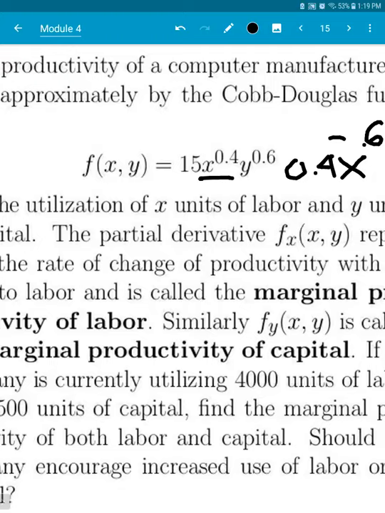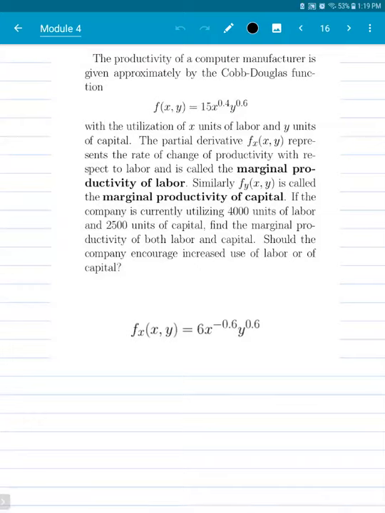And then multiply by the others. So you have this one here. Now, you don't need to simplify, just leave it in that form. You can use your calculator anyway when given specific values for x and y, instead of putting it below, making it positive.